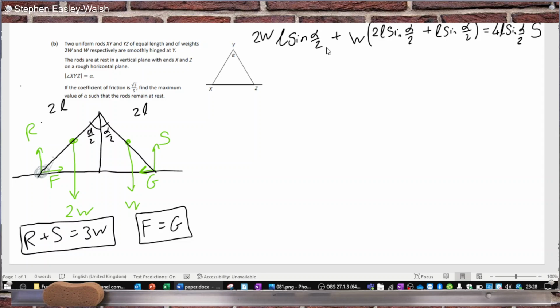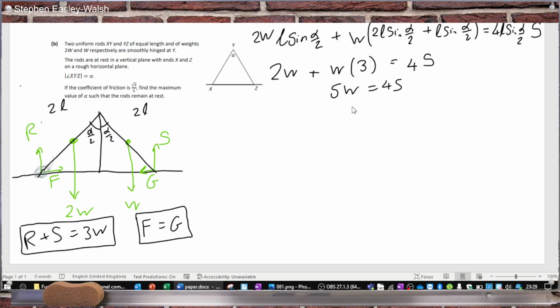Well, the good thing is you can cancel all the sine alphas out, so you get 2W and the L's actually. So you get 2W plus W times 3 equals 4S. So you get 5W equals 4S.